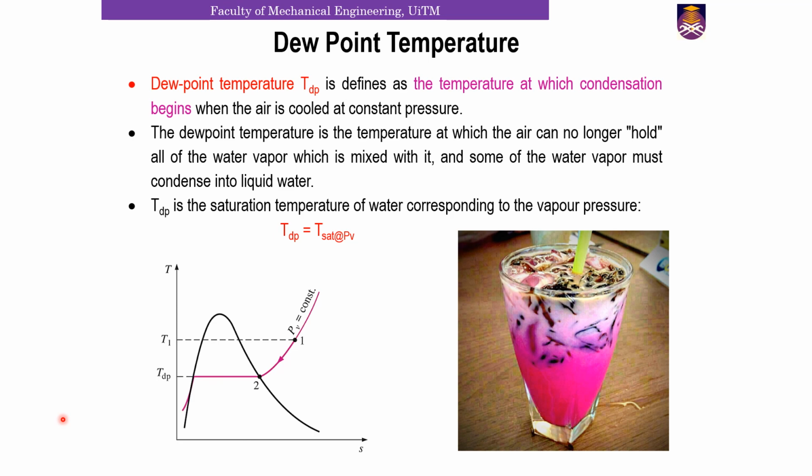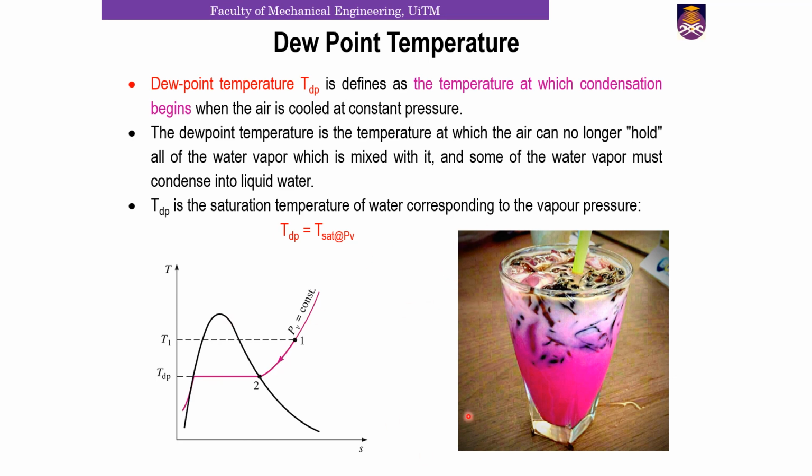As a result, the amount of vapor in the air decreases, which results in a decrease of PV. The air remains saturated during the condensation process and thus follows a path of 100% relative humidity. So the ordinary temperature and the dew point temperature of saturated air are identical.